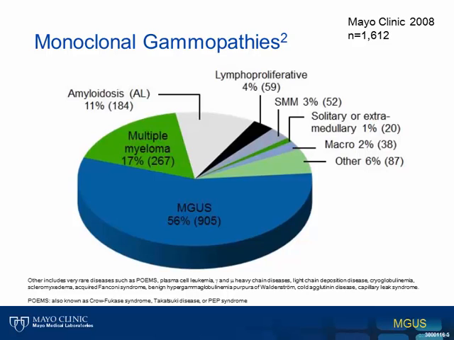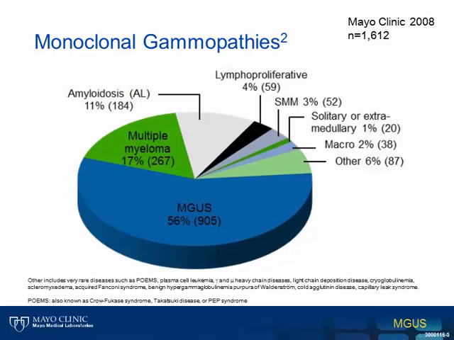The next slide illustrates the distribution of all monoclonal gammopathies that we see in the laboratory. In a retrospective analysis of the cases in the laboratory done in 2008, myeloma represents 17% of the cases seen in the Mayo Rochester practice. MGUS was by far the most common diagnosis, with 56% of all cases.